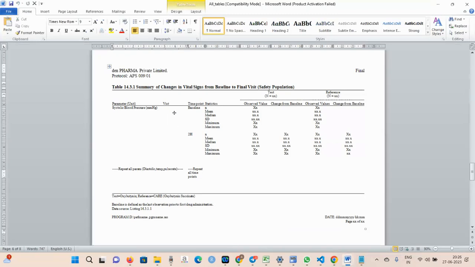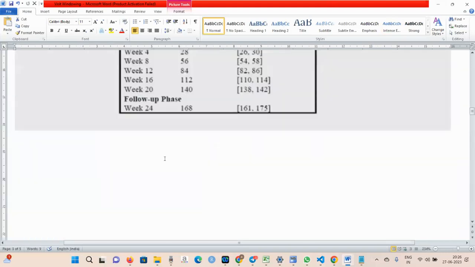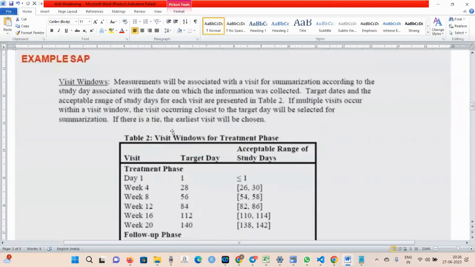So the statistician is asking for week wise, but our data was collected visit wise. So we need to do some kind of target visit windowing concept. Based on those targets, he will give everything mentioned in the SAP, and based on those we have to do our programming part. This is one example of how to do this.